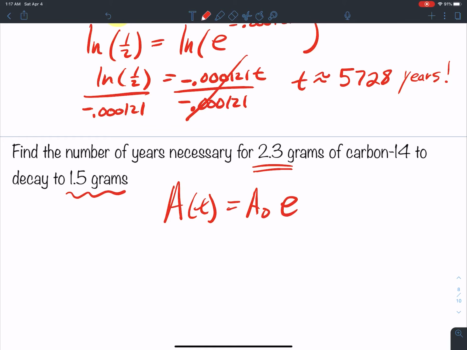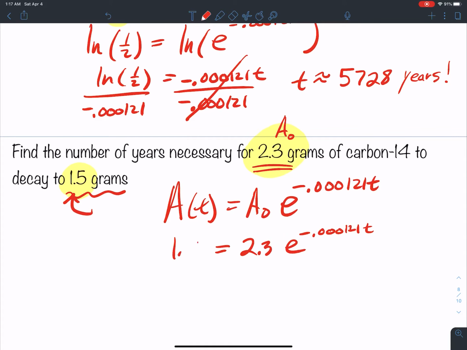A0 e to the negative 0.000121 t, right? And so I'm told that I started here and I want to go down to here. So my starting value is A naught, that's 2.3. And my ending value where I want it to stop is 1.5.